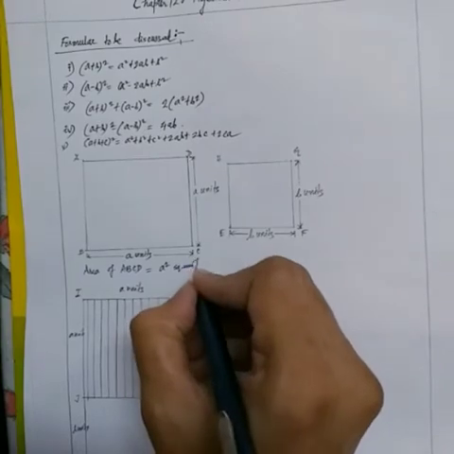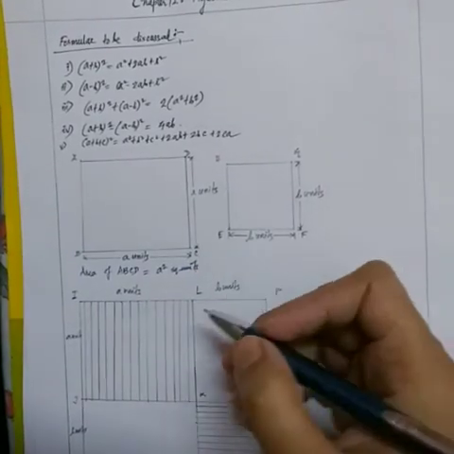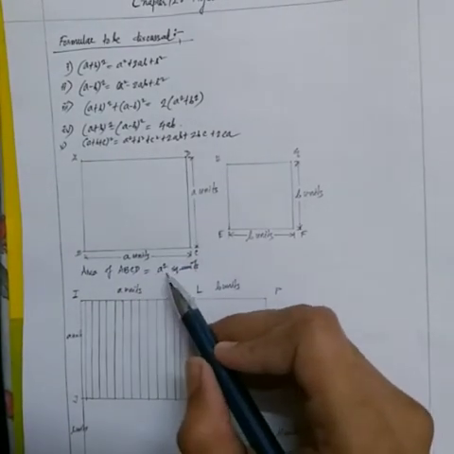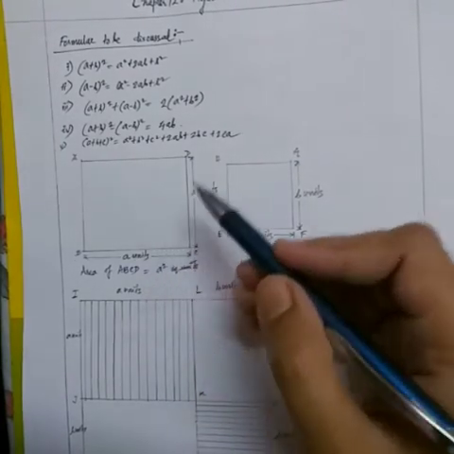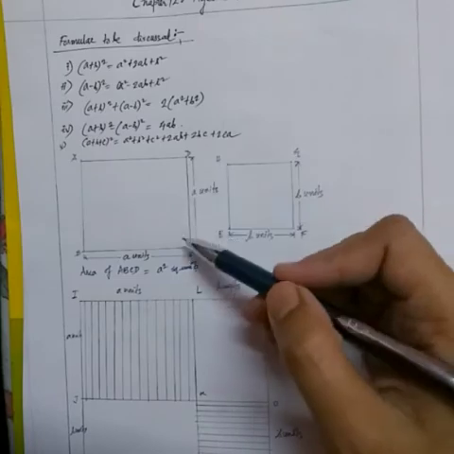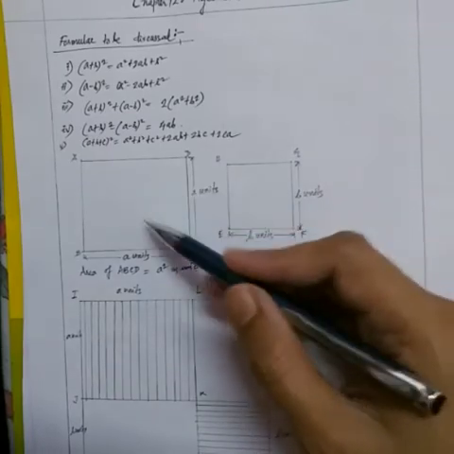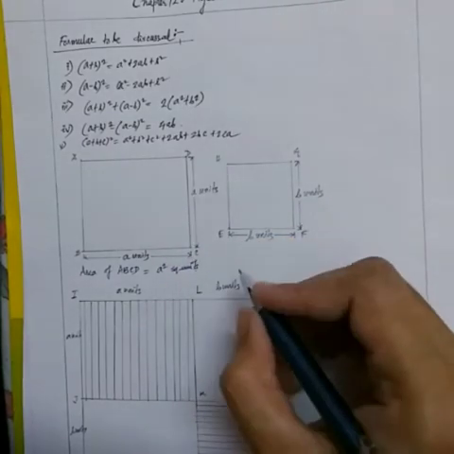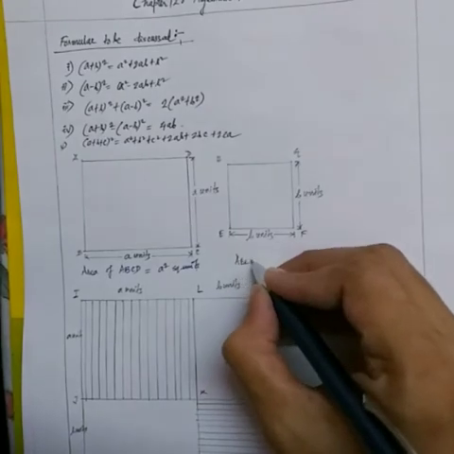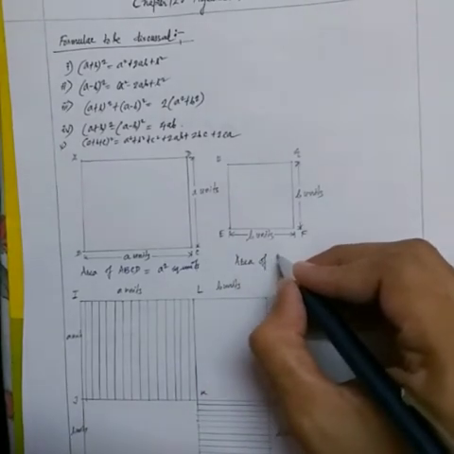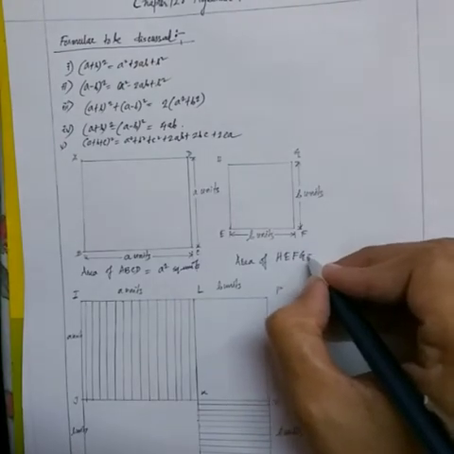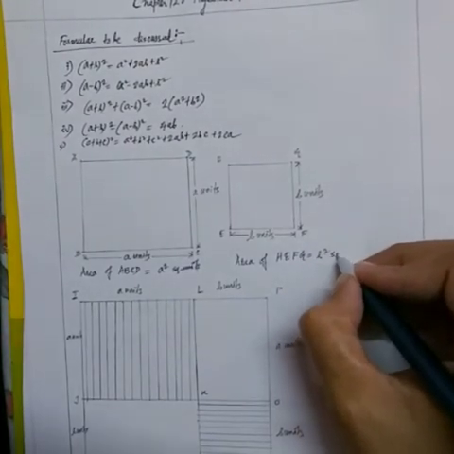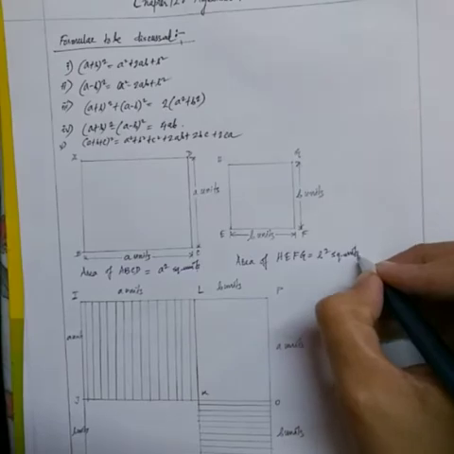I hope this is clear, because to find the area of a square you simply take the square of the side. So for the first square, each side measures a units, therefore its area will be a square units. Similarly, the area of the second square HEFG is b square units. I hope this is clear.